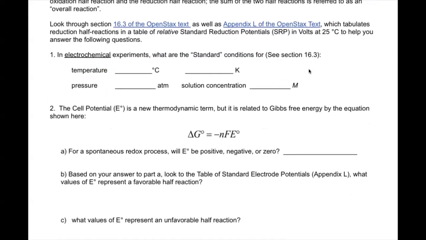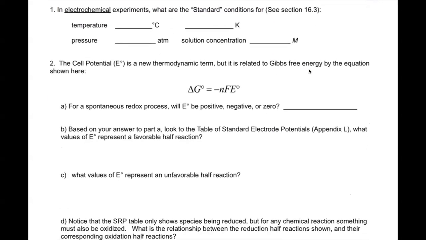As you're working through, one of the important equations for us is shown here, where delta G naught is equal to negative nFE naught. We could write an analogous equation at non-standard conditions and say delta G is equal to negative nFE. This is going to be a really important equation for us to use.